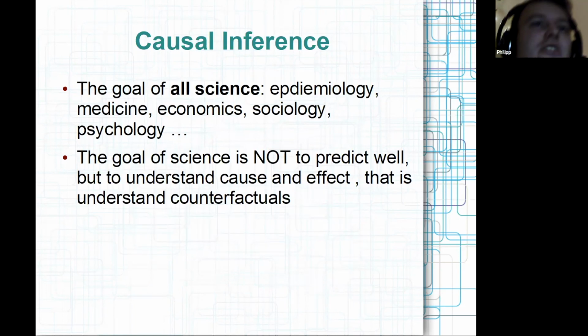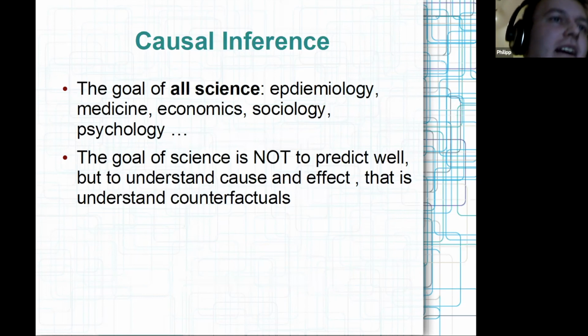That is, understand counterfactuals. Counterfactuals is actually kind of a big word, but think of it like this. It's basically just the question, what would happen if? What would change if I would have gone to a different college? What would change, for example, in my earnings if I would have studied Y instead of X?